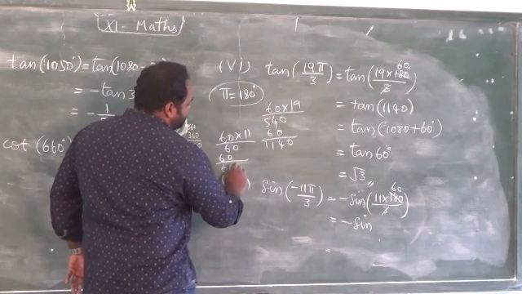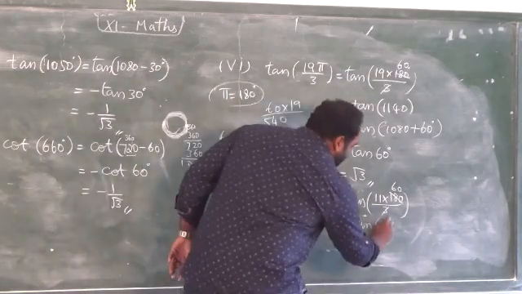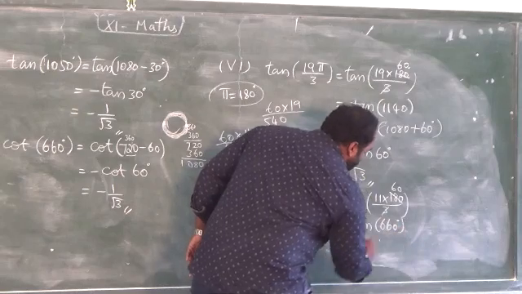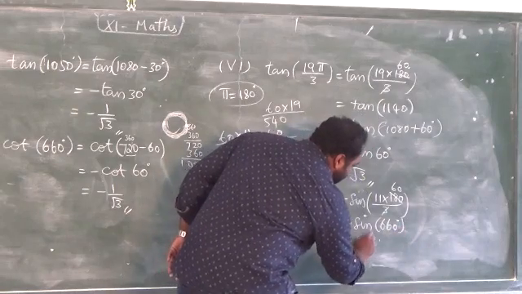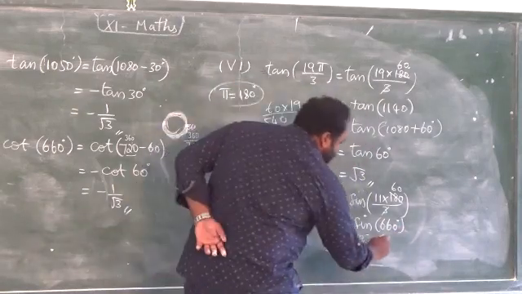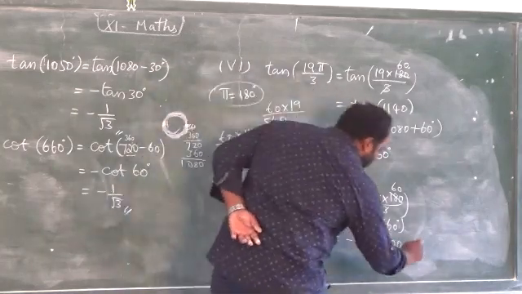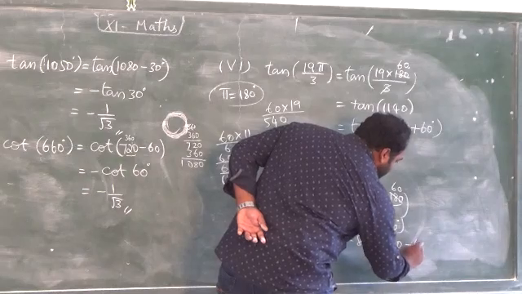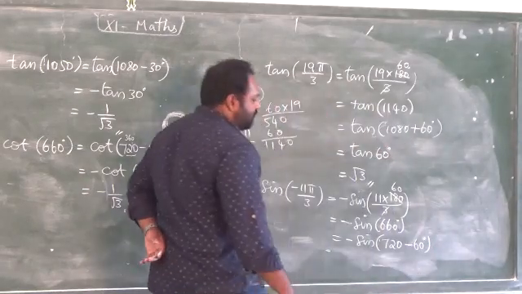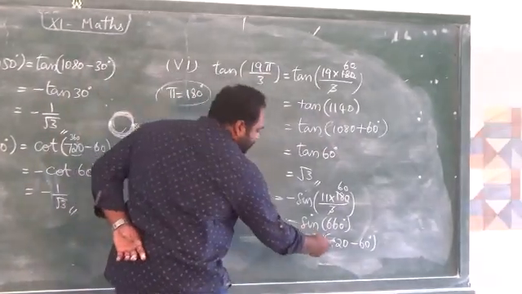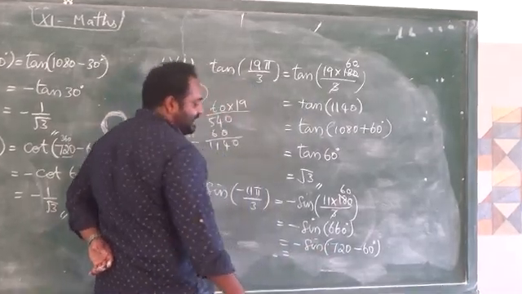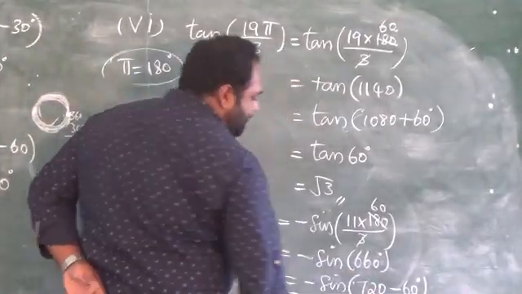So minus sine 60 into 11 is 660 degree. This can be split, minus 660 written as 720 minus 60. We know that 720 is like a 360 degree angle.